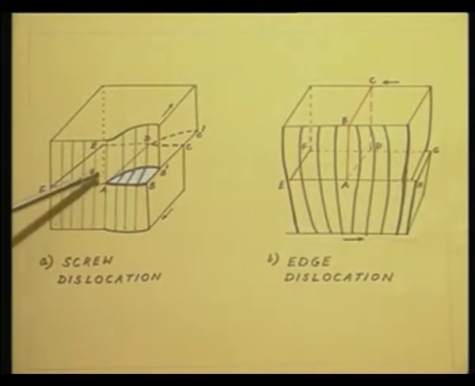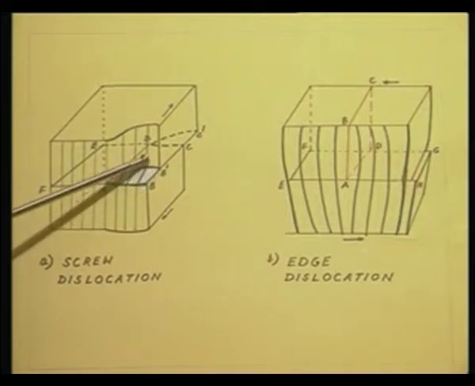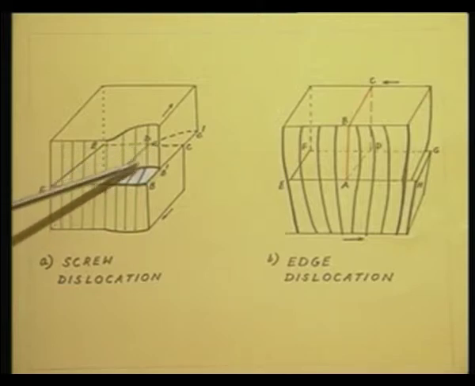So, what will happen? What will happen is seen in this white highlighted area. You have deformed the crystal, and this line AD is the line of deformation. On the left of this line AD, I have a perfect crystal. On the right of this line AD, I have a dislocation.